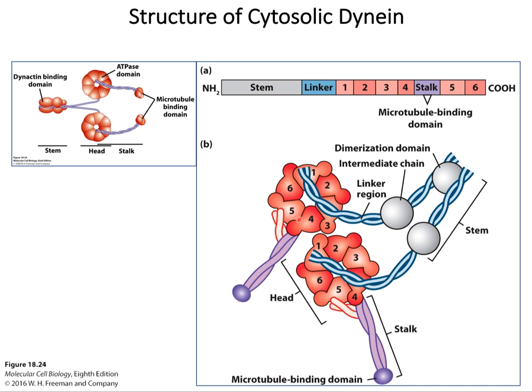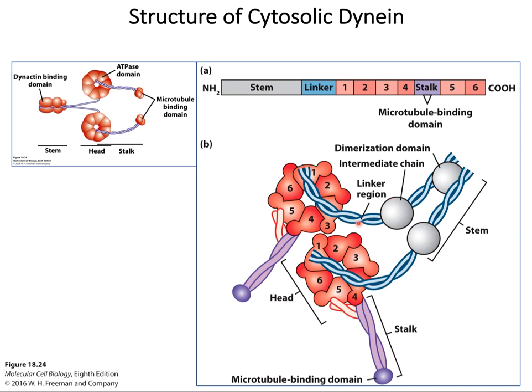AAA stands for ATPases associated with diverse cellular activities, which is a superfamily of proteins with a conserved 231 amino acids. Then you have a stalk with its microtubule binding domain between the AAA repeats 4 and 5, and an alpha helical domain that supports the stalk.